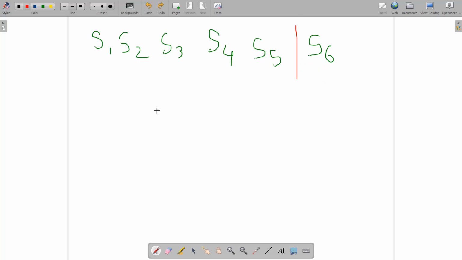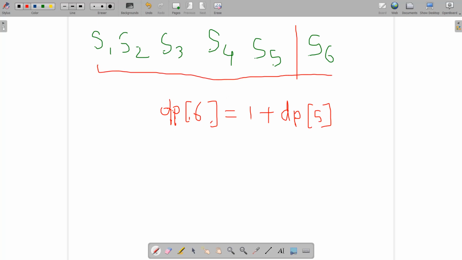Then, let me write it down clearly, dp of 6 must be exactly equal to 1 plus dp of 5. Provided one thing that you need to check at every step of iteration: there is a possibility that the entire string from i equal to 1 up to i equal to 6 is a palindrome. So this can be a palindrome.